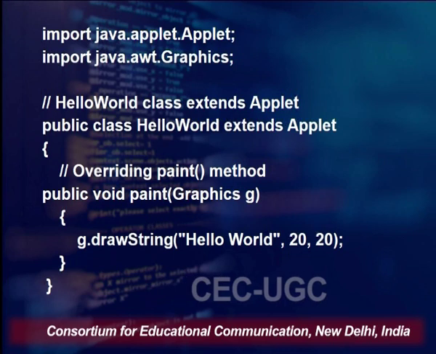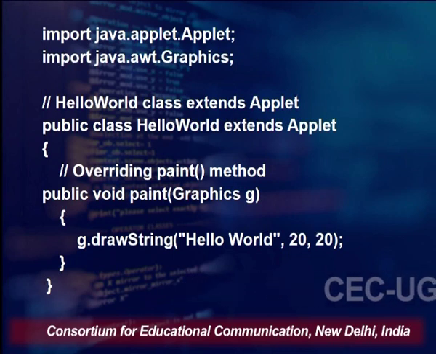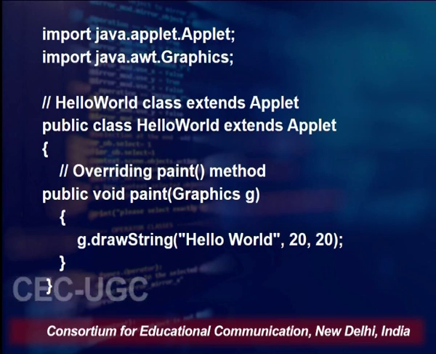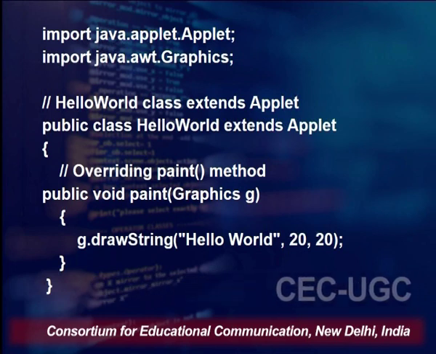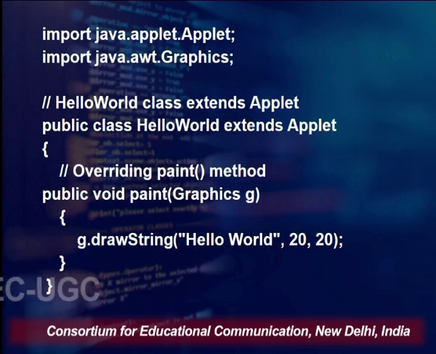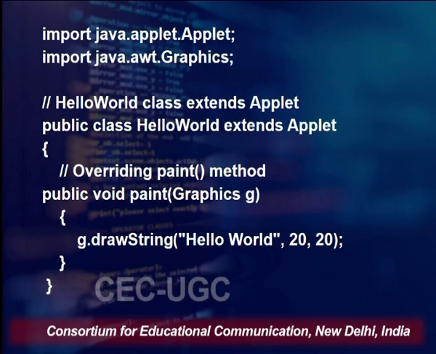Using the object of that Graphics class, we call the different methods available inside that class. Here we are calling drawString, and the parameters of drawString are the string and the x and y coordinates. So this is a very simple program.